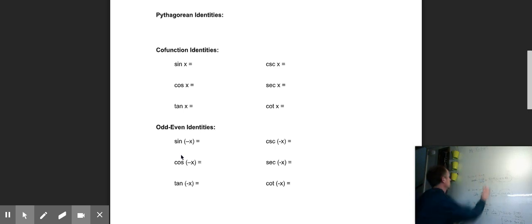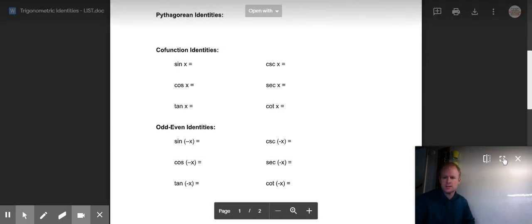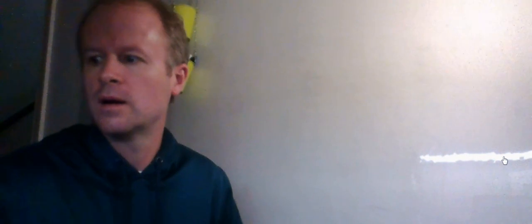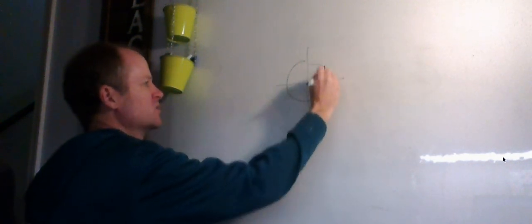All right, so the Pythagorean identities are based on the Pythagorean theorem, and so if we think about the amazing unit circle, let me expand this. If I have a right triangle, and I'm just going to draw it in the first quadrant just to help you think about it in a simple way.